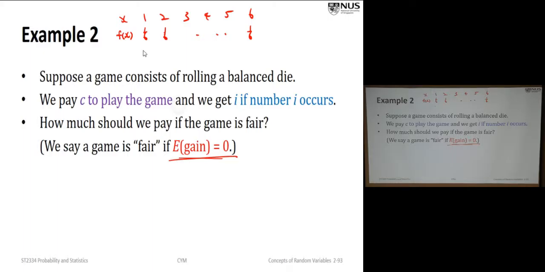It will be 1 minus C. This is the amount of money that you gain. You have to pay C dollars. At this point, I don't know what C is. I pay C dollars. But if the outcome is 1, then we get back 1 minus C. I will get back $1, but I already paid C dollars.